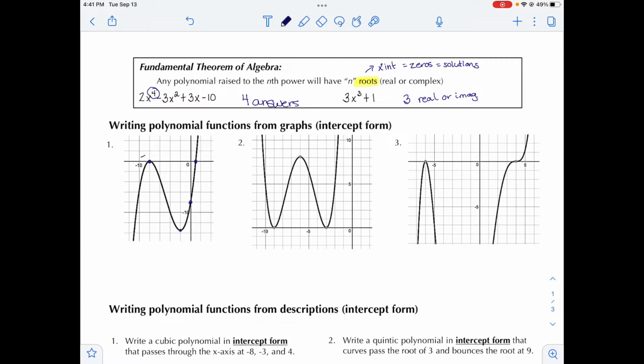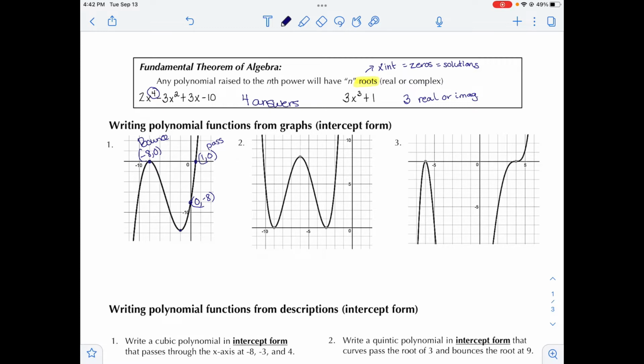So we can notice here this is -8, 0. And this one here is 1, 0. And then our y-intercept is 0, -8. Now, we notice here that this curve, this -8, 0 at this root, this is a bounce. And we notice here that this is a pass.